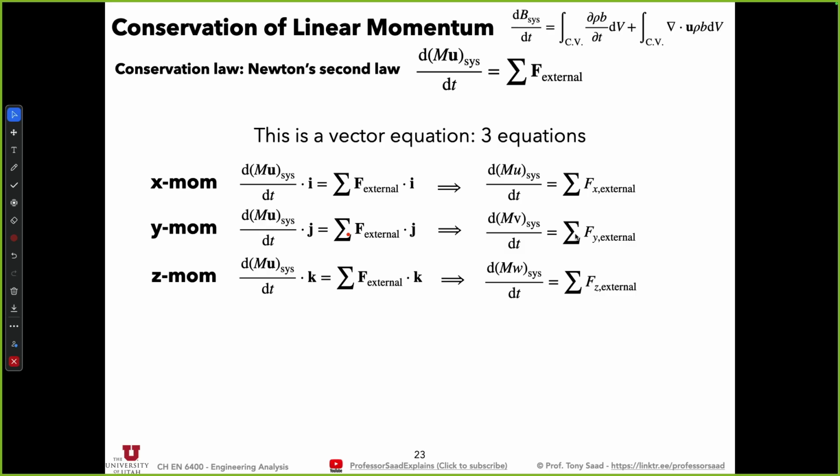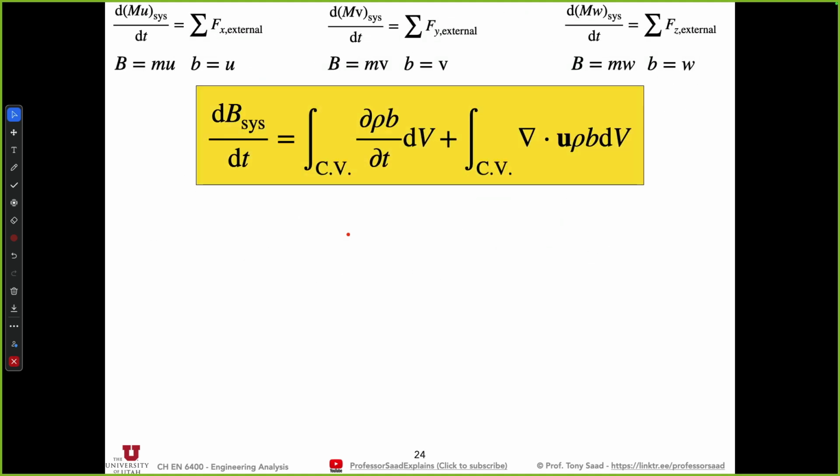So that's why I took the x component of momentum, y component, z component, because each component is a scalar, right? mv is the scalar y component of momentum, in and of itself, it's a scalar. So I can apply the Reynolds Transport Theorem individually to each one of those components, okay?